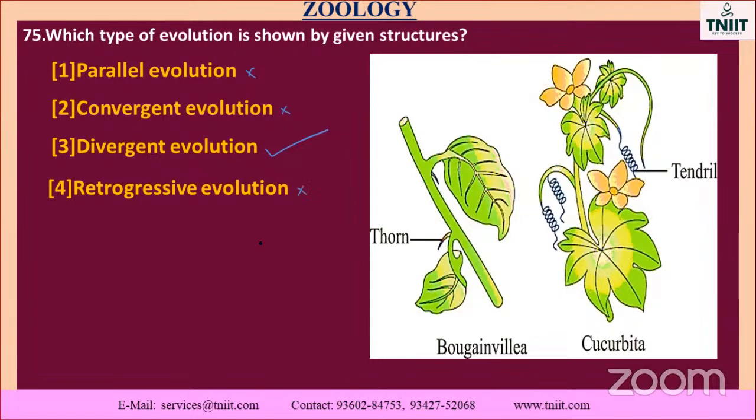Why is it divergent evolution? See, this is the leaf part, isn't it? Yesterday we saw it. This part is very, very important, already in our book. Here there is a gap, and in this gap there is a small bud-like protrusion called the axillary bud.